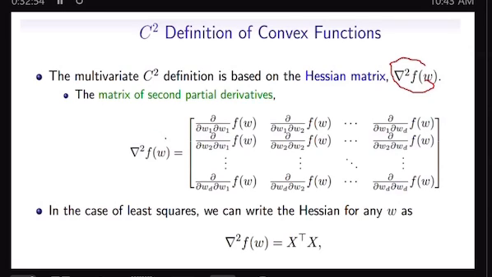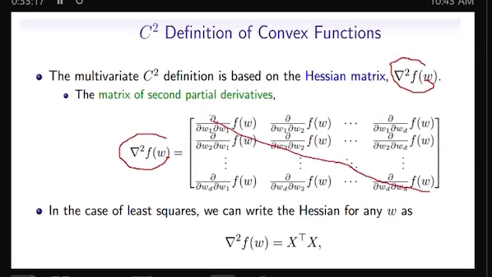I'm actually going to have a matrix, and that matrix is called the Hessian matrix.